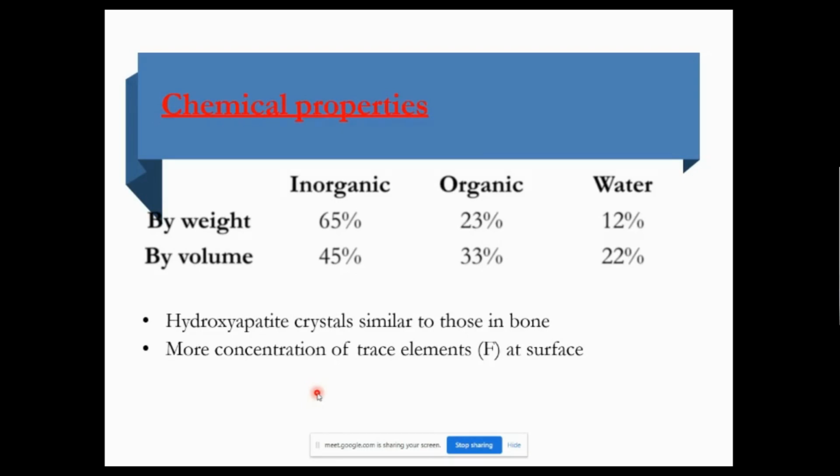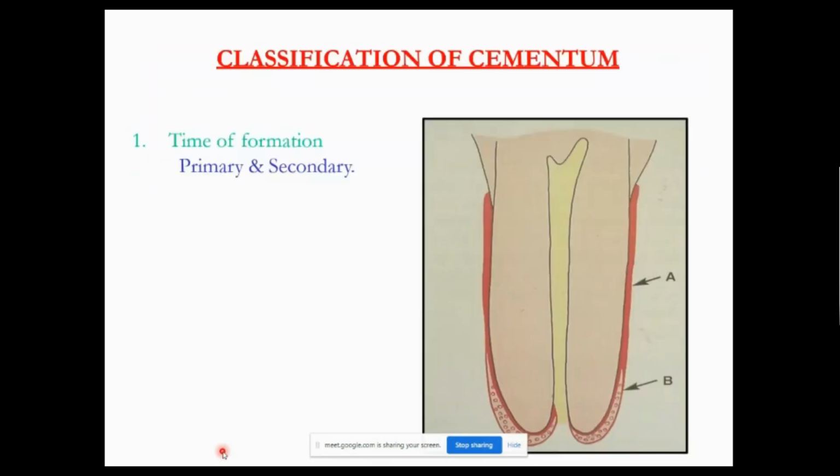You know that hydroxyapatite forms the structure of all the hard tissues: enamel, dentin, cementum, bone, everything. There is more concentration of fluoride at the surface, which is considered a trace element, and the molecules involved in mineralization are bone sialoprotein and osteopontin. So this is the molecular aspect.